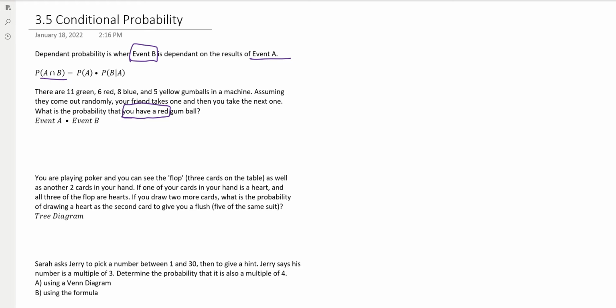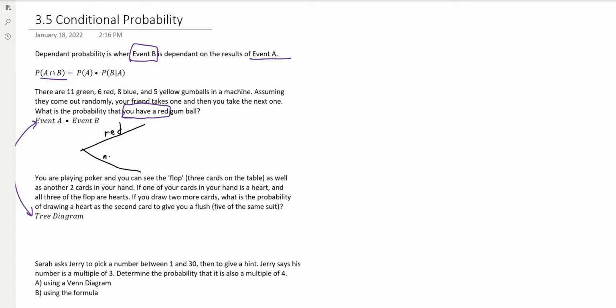Because I prefer tree diagrams, I'm going to do it for both of these questions. Just noticing that this says tree diagram, this one doesn't. I'm going to just do it for both. So first of all, your friend could choose a red one, right? If he chooses a red one, now you have a different probability of choosing red.